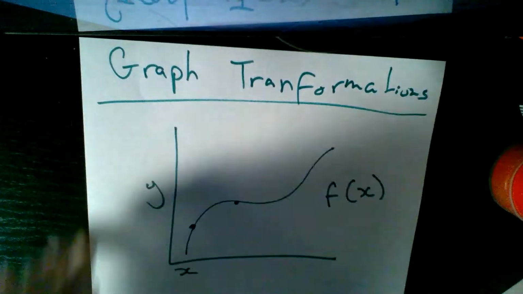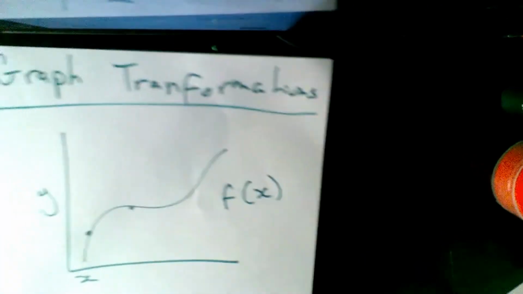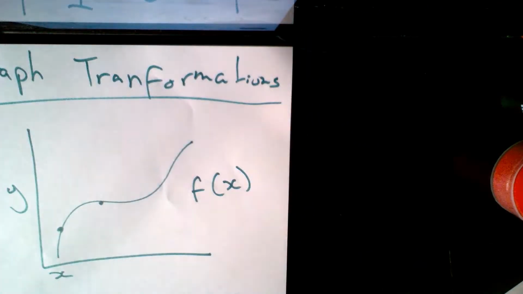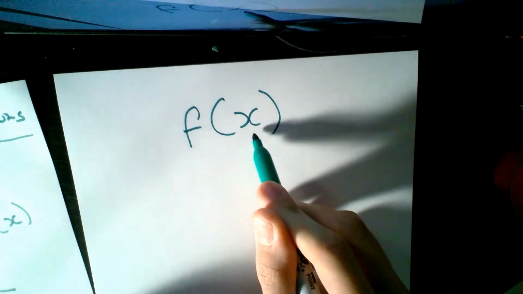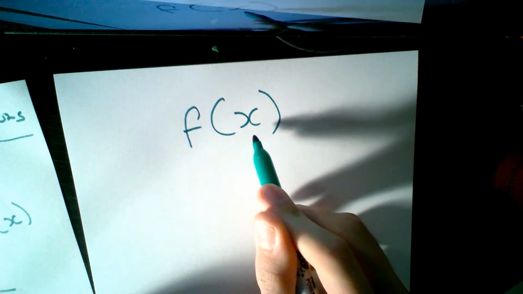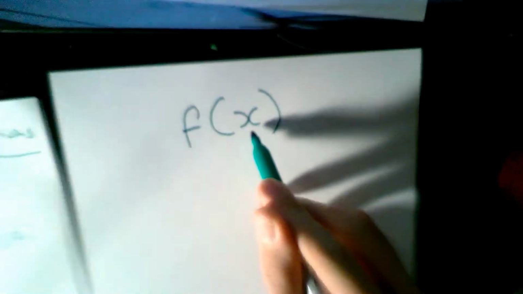So, the transformation of the graph. First of all, there are two rules. This is f of x. If we change anything in the brackets, we will be affecting the x-axis.